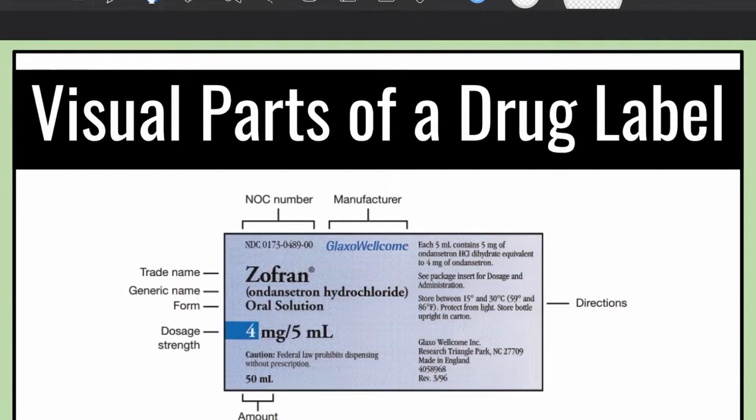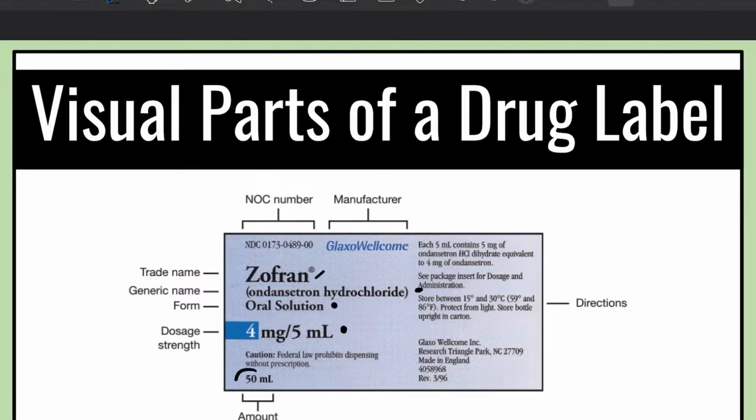So looking at this medication label for Zofran, you're going to notice that you have your trade name here. Below that is our generic. Then we have the form, so that's how the medicine comes. We have our dosage strength of that medication.